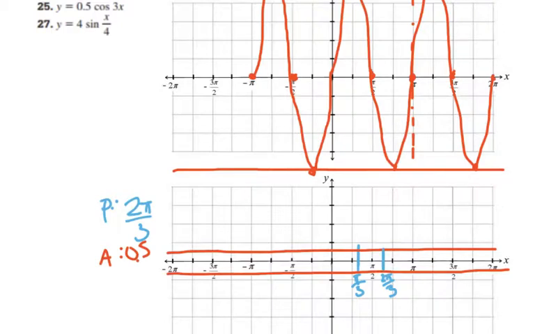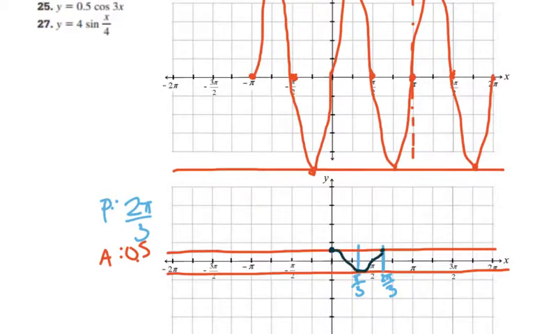Which means that from this point, I'm going to need to break it into 4 pieces, otherwise I can't fit the whole idea in it. And it's cosine, so it's going to start up at the top. In the middle of what it's doing, it's going to be at the bottom, and then it's going to be back at the top. So we can kind of just sketch it that way.